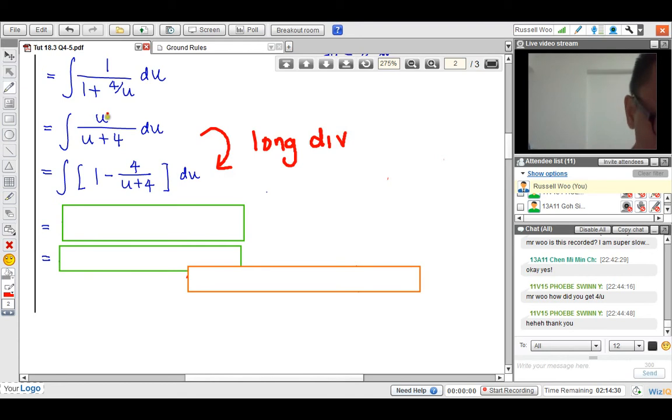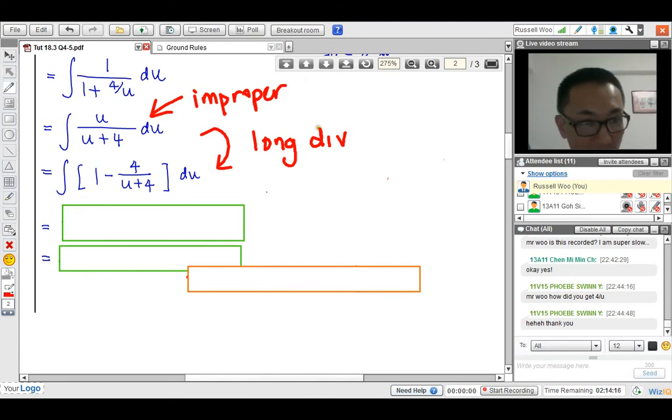Why? Because this is, look here, an improper fraction.